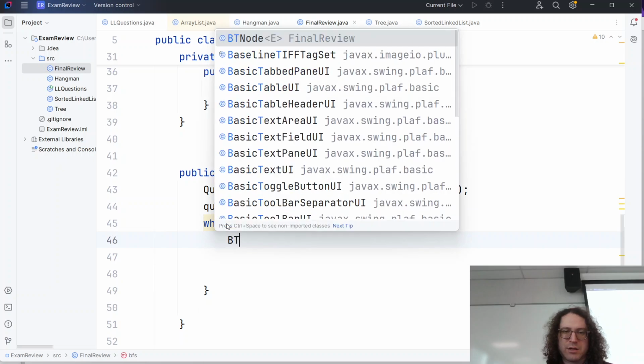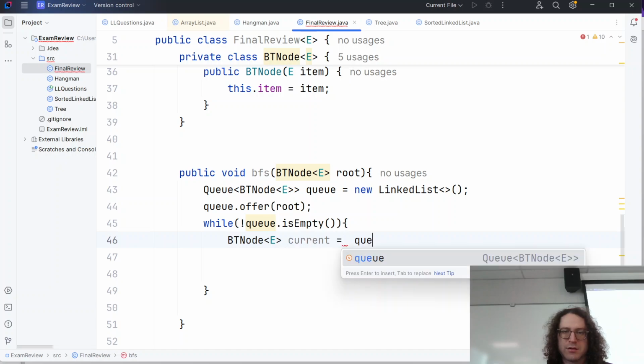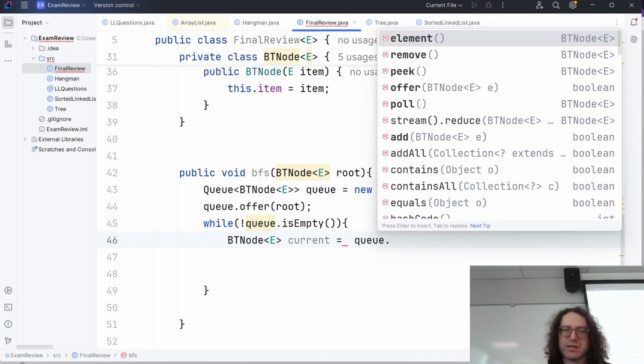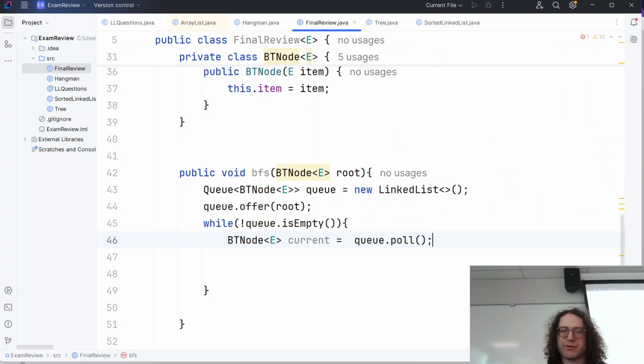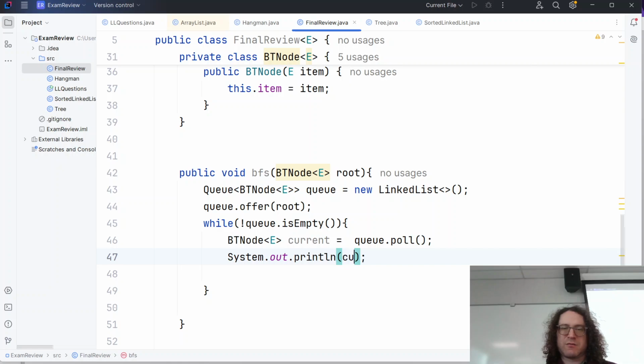BT node current. What we're going to do is we're going to pop off this node, dequeue it, which is poll, to get the thing at the front. We're going to get the front of the queue. We are going to print it out because we're not gathering them or anything. We're just trying to traverse and we're showing how we handle that.